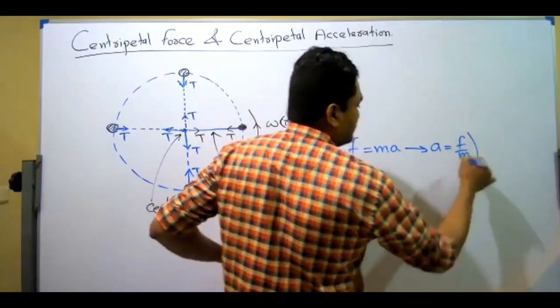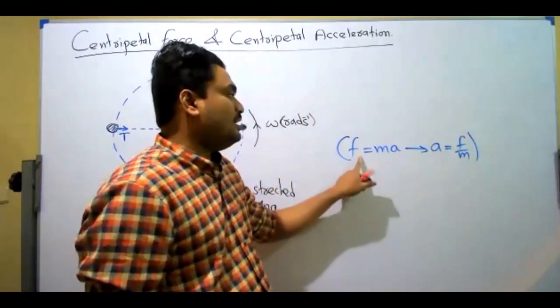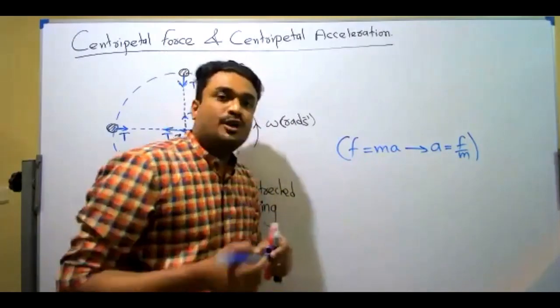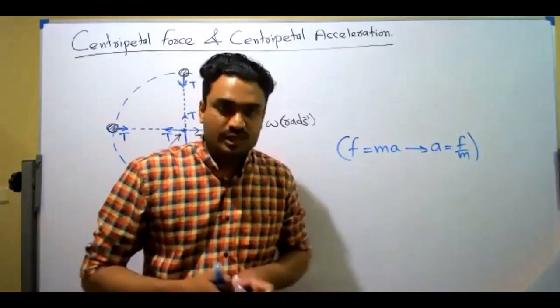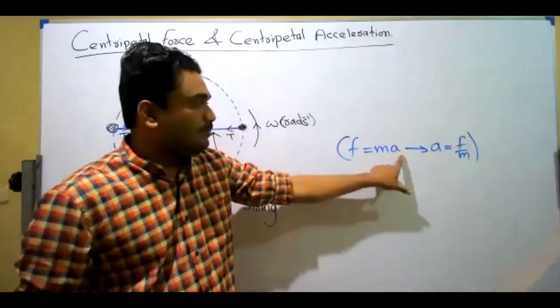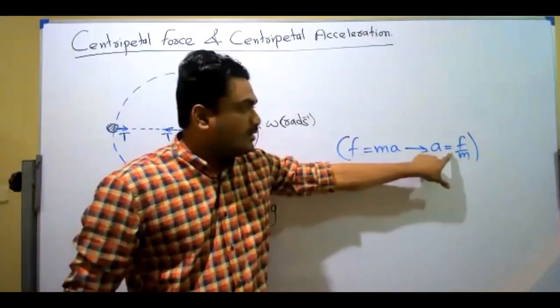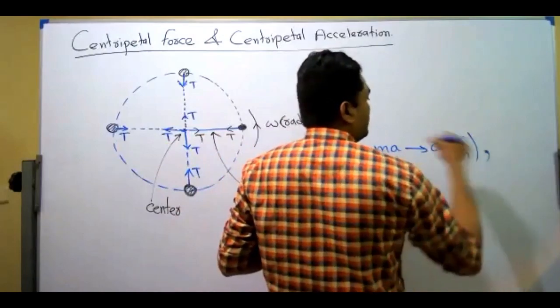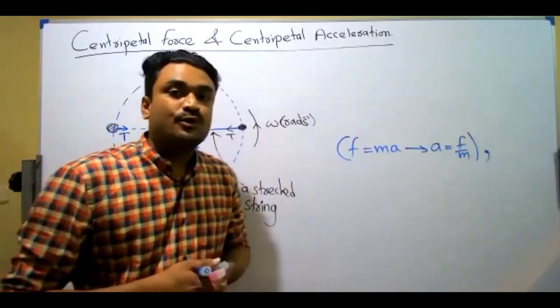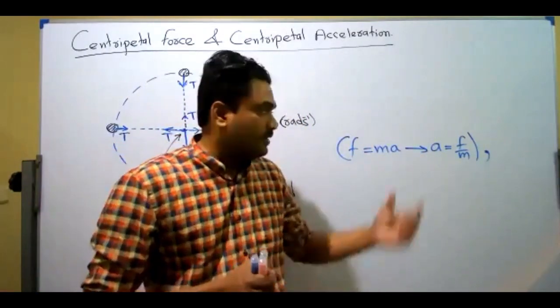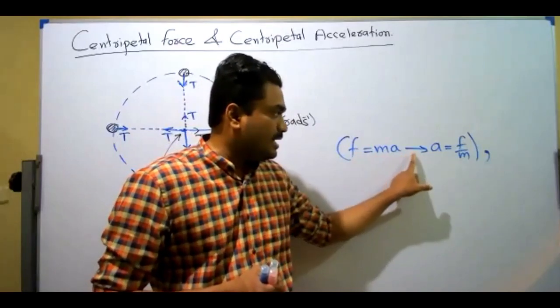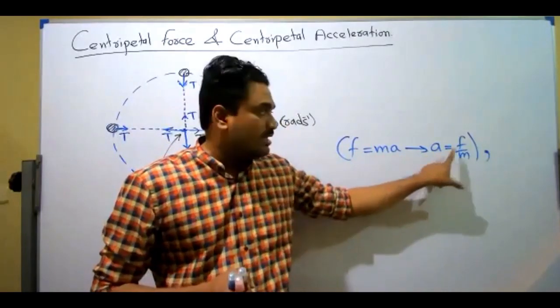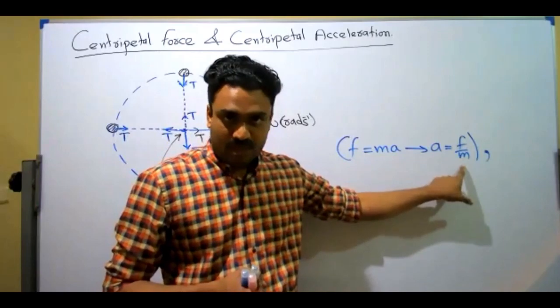Am I right? If you make a the subject, it will be F over m. According to Newton's second law of motion, within brackets F equals ma, arrow, a equals F over m, comma.